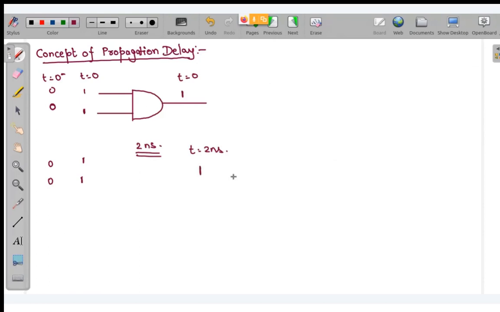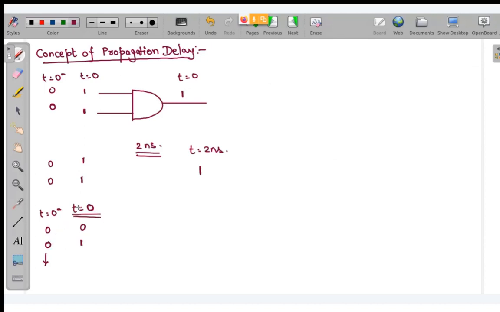Now assume this is still your practical AND gate. Assume at t equal to 0 minus, my input was 0 0, and at t equal to 0, I applied input as 0 1. Initially at 0 minus, my output was 0, due to the fact that if one or more inputs of an AND gate is 0, output will be 0.